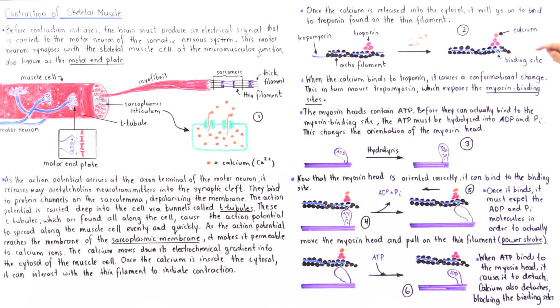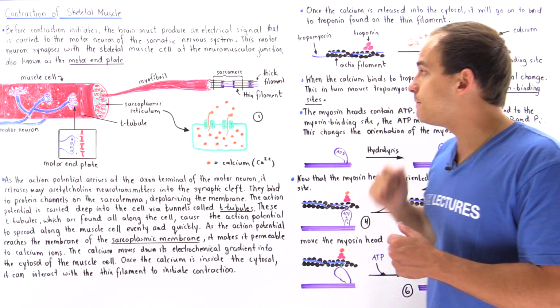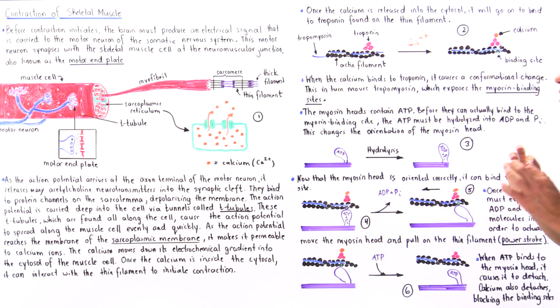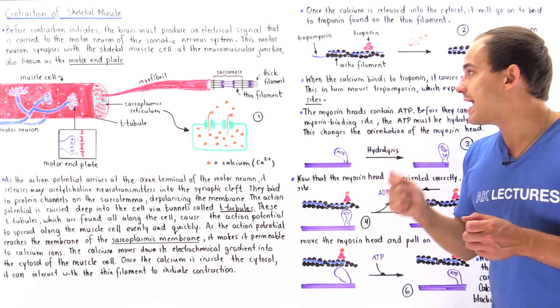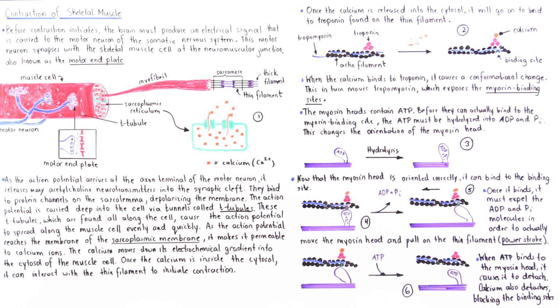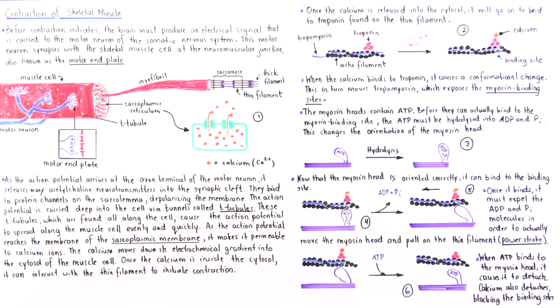Now, as soon as our binding site is exposed, right before the binding between the thick and the thin filament actually takes place, our myosin head has to hydrolyze an ATP molecule. So the myosin heads contain an ATP molecule, so 1 ATP per myosin head.